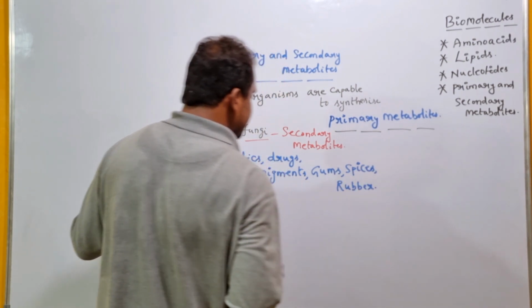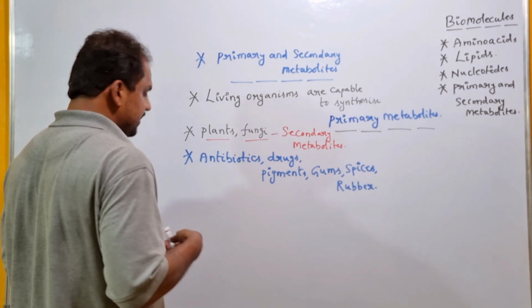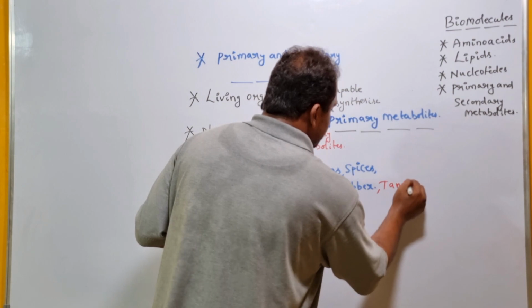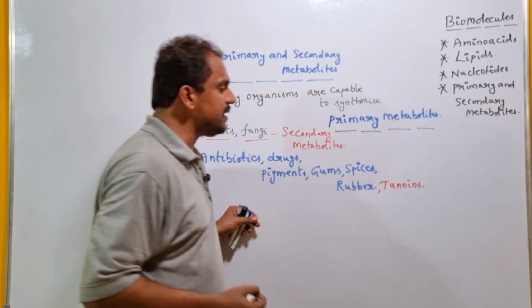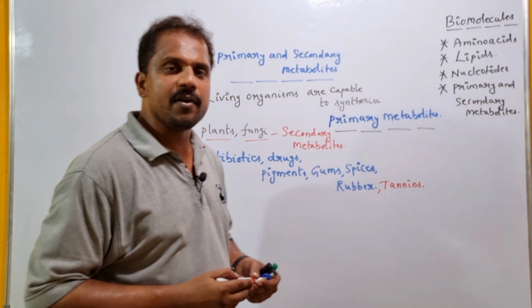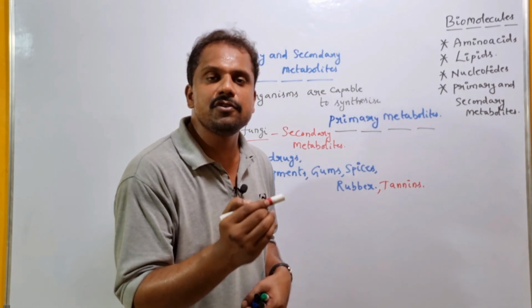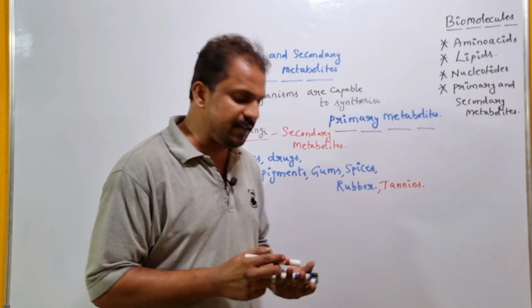All these are nothing but secondary metabolites, and in addition, even the tannins. And if we consider the biological importance of these secondary metabolites, how they are useful for human welfare, we can easily understand.